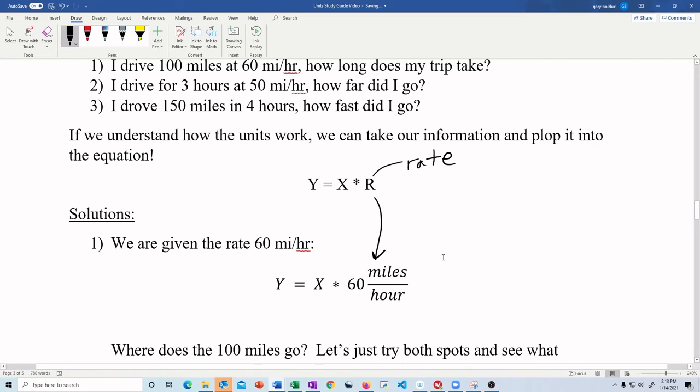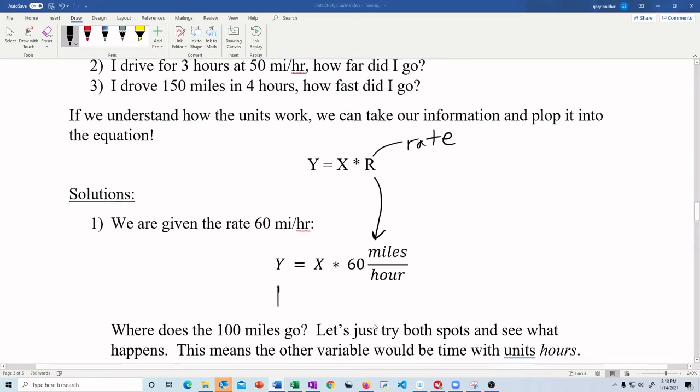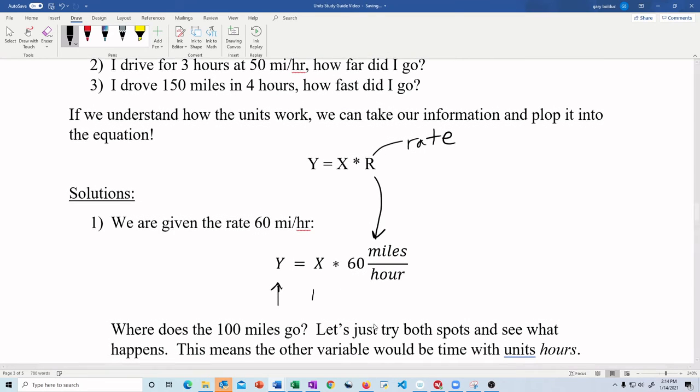So, okay, cool. What about this 100 miles, though, right? Where does the 100 miles go? And there's one thing you could think here, and that's I only have 2 options, which is true. The 100 miles either goes here or it goes here.